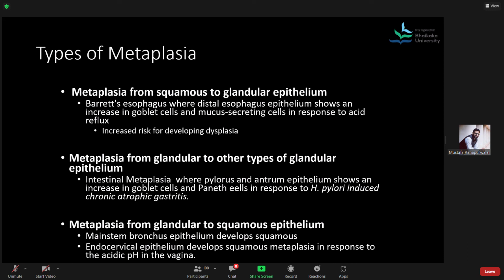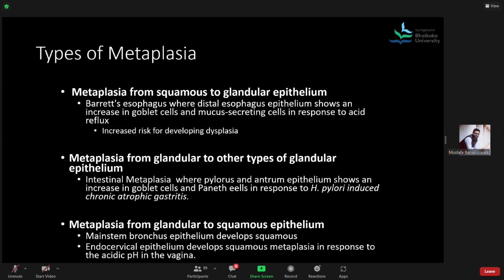The smoke that the smokers inhale consists of so many chemicals, which the ciliated columnar epithelium is not able to mount against, and therefore the stem cells in that particular bronchus will now start producing squamous epithelium, causing squamous metaplasia, right?